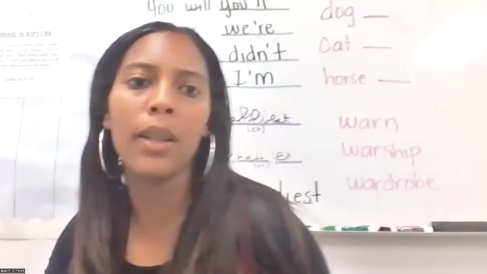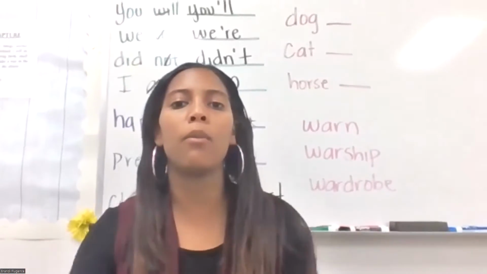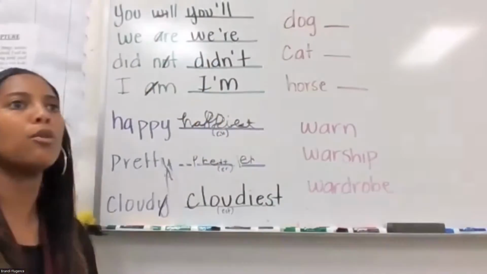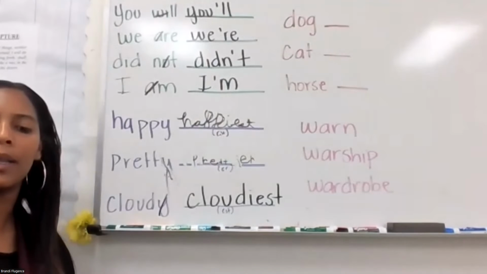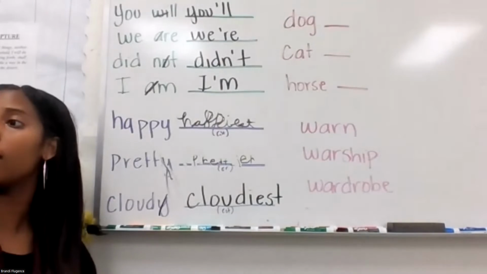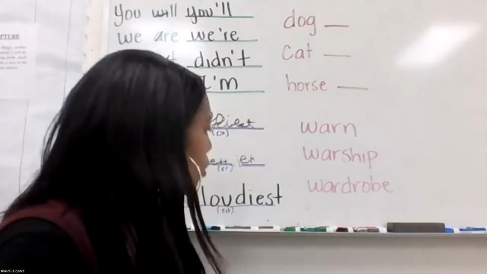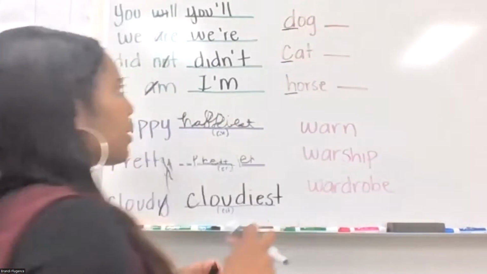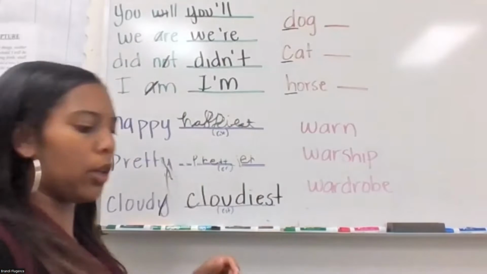All right, so today we're going to also practice ABC order. Remember, when we put words in ABC order, it's based upon the alphabet. What letter do we focus on when we are putting something in alphabetical order? We focus on the first letter only. So I have D, C, and H. Which one would go first?